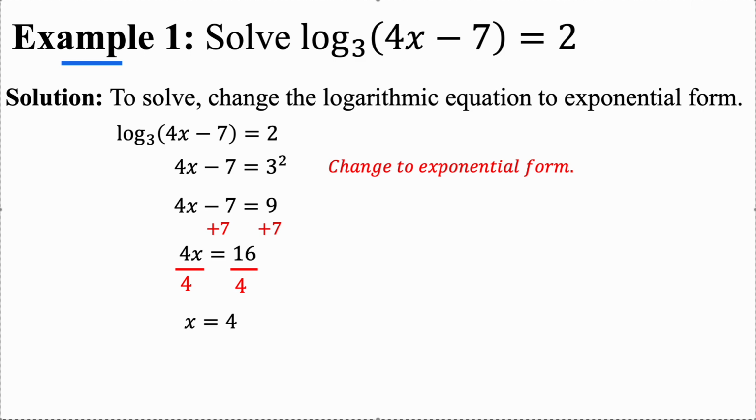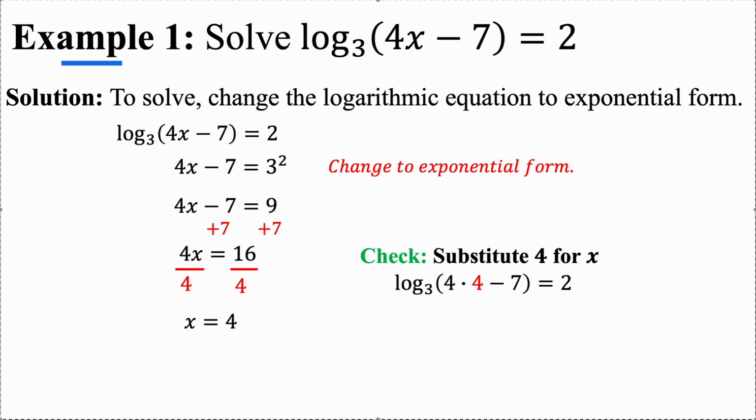4 is the potential answer. Now let's check. We have to substitute 4 for x in the original equation. So if I replace x by 4, I get log base 3 of 4 times 4 minus 7 equals 2.